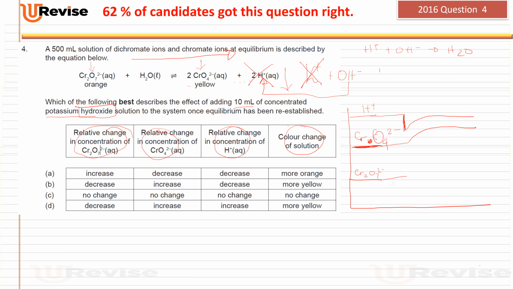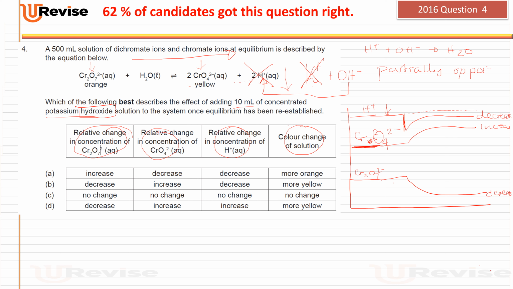But remember, I said partially oppose the imposed change. So the H plus ions are not exactly going to go back where they were. They will increase, but they won't go back where they were initially. And then we're going to see a decrease in the dichromate. So compared to where H plus started, this is a decrease in the concentration of H plus, and this is an increase, and this one is a decrease.